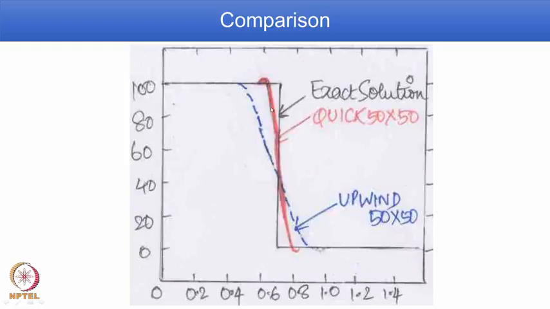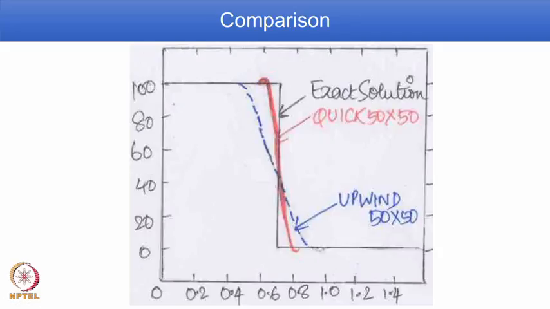And you can observe between the two, though QUICK solution reaches the exact solution nearer for the same mesh size, it also exhibits some overshoots and some undershoots, because it is going below 0, which is kind of unrealistic. For pure upwind, it is not capturing the exact distribution, but there is a diffusion, there are no overshoots or undershoots. This is the property of what is known as numerical viscosity.